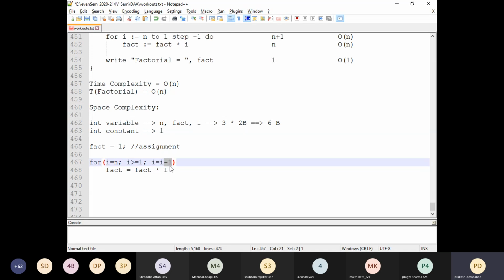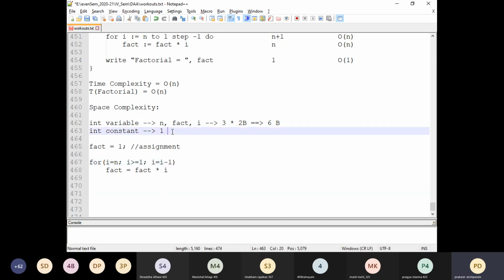Again here, minus 1 is a constant, because we are subtracting one value from another value and then re-updating the existing variable. So this minus 1 is treated as another constant here.